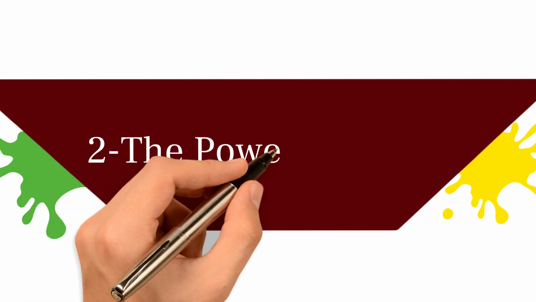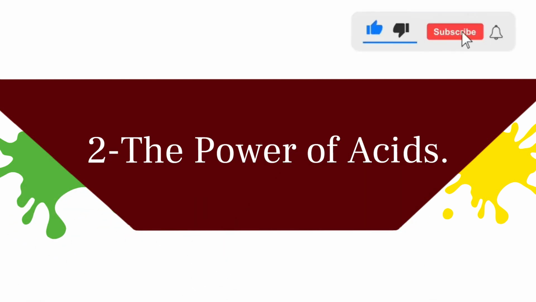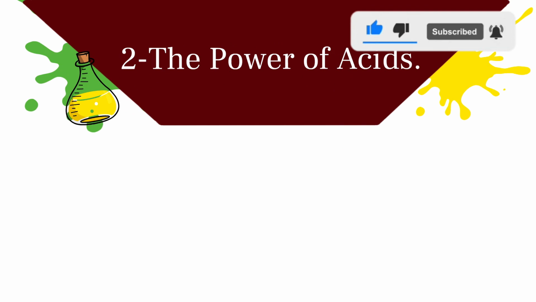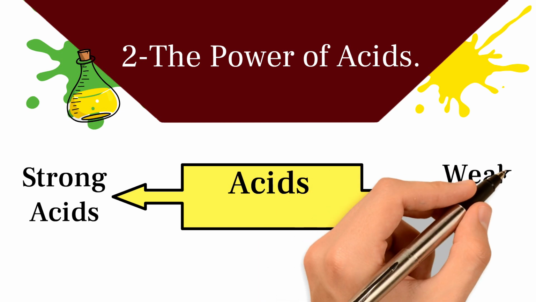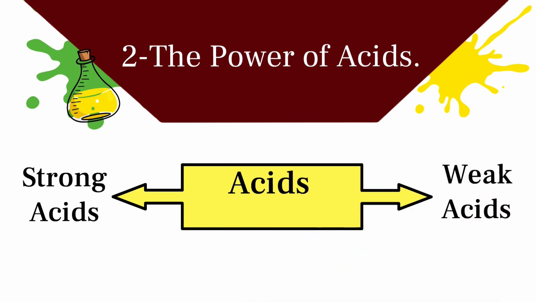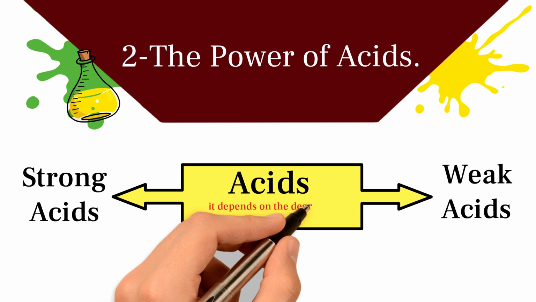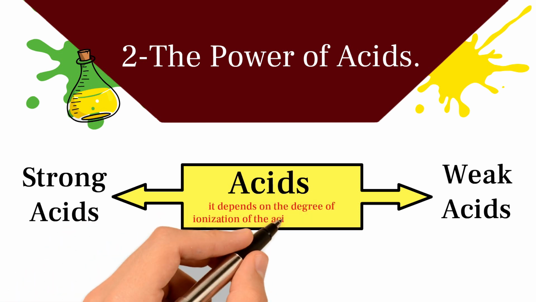The second property is the power of acids. Some acids are strong acids, and some are weak acids, and it depends on the degree of ionization of the acid in the water.